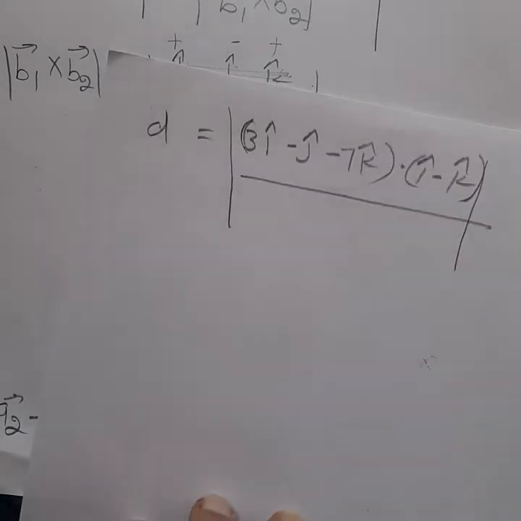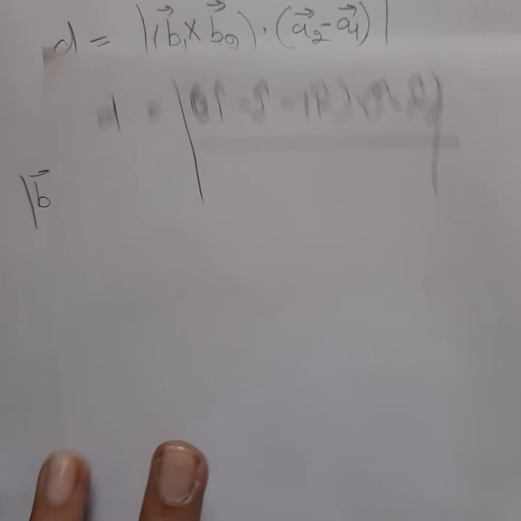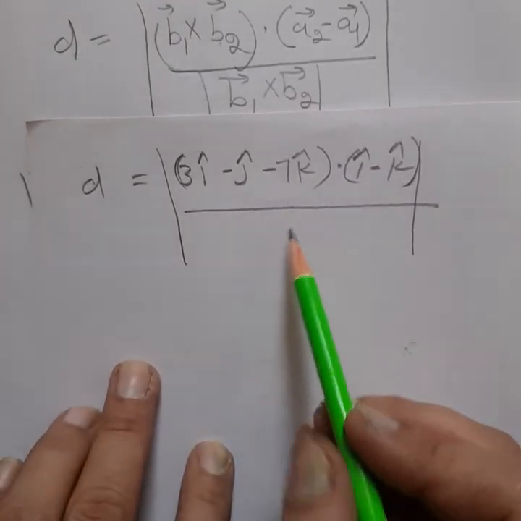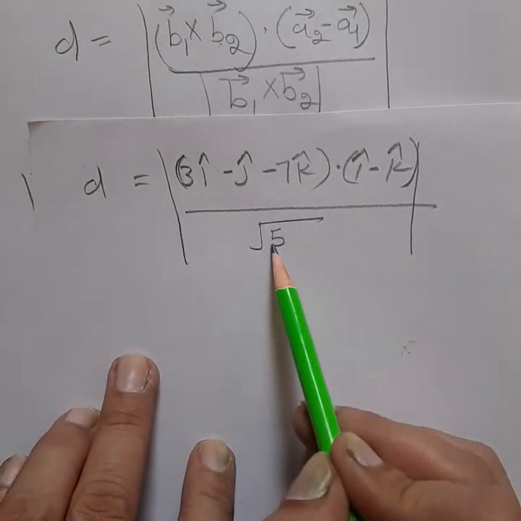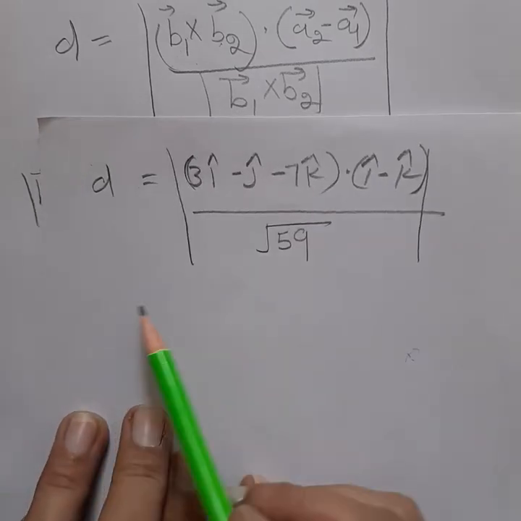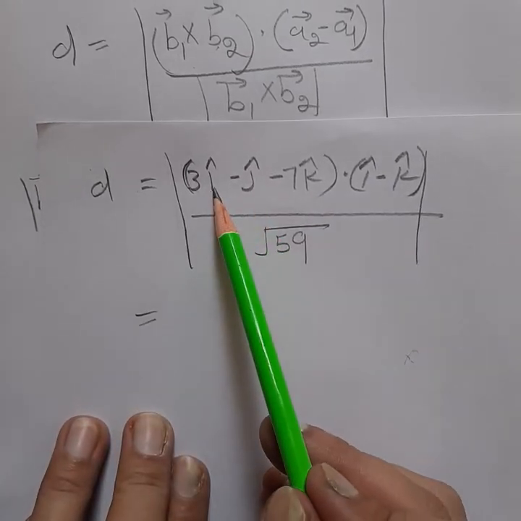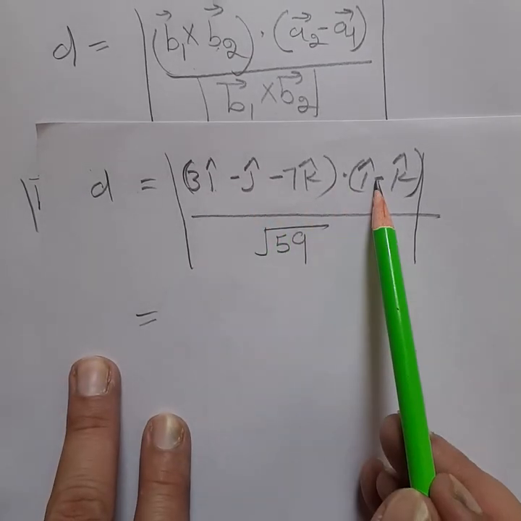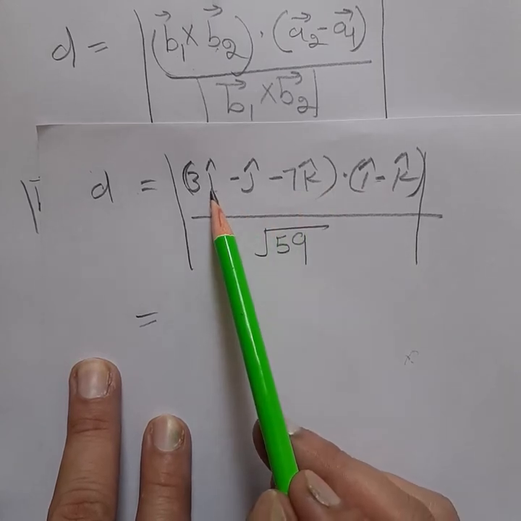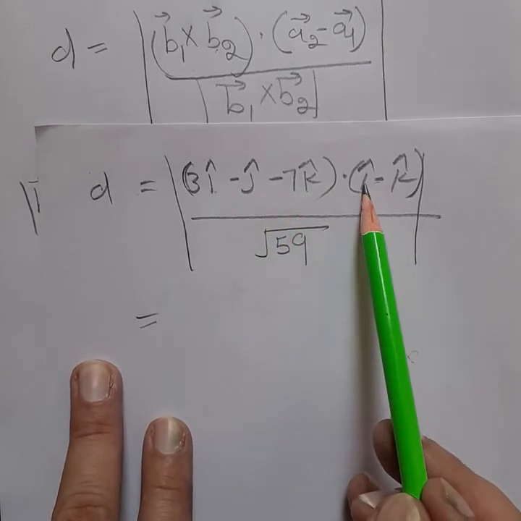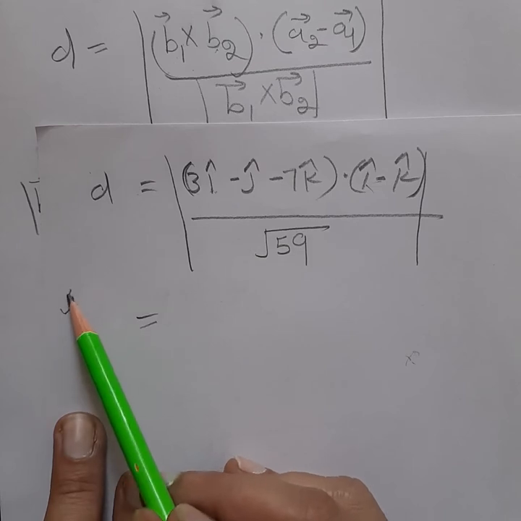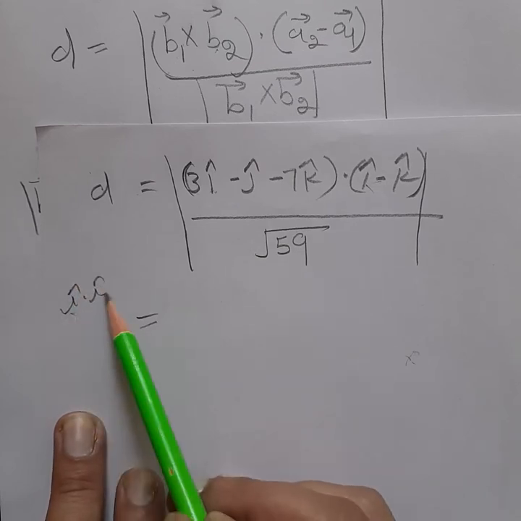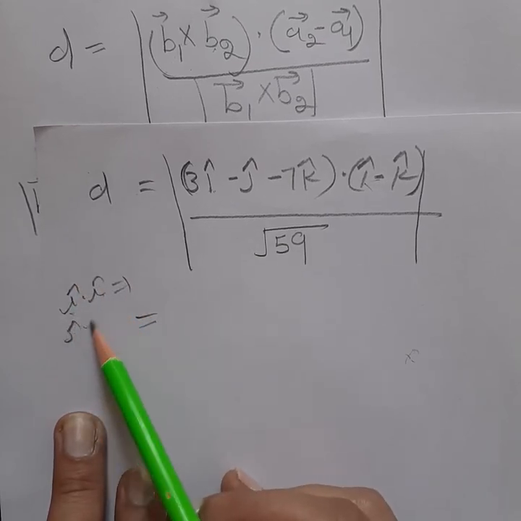Okay, now we have to put this value in our question, and we can write here square root of 59. Now we have to multiply these two equations, 3i with i, because we know that when we multiply i with i, then we get 1 by dot product. I have told you in my previous video, i dot i is 1 and j dot j is 1.